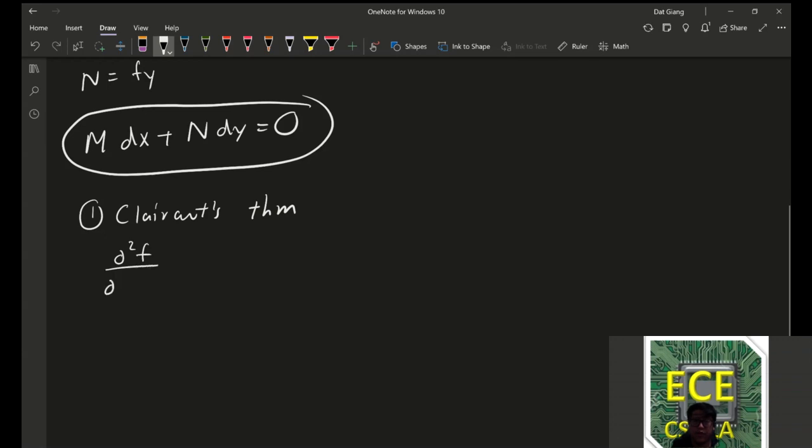The second partial derivative ∂²f/∂x∂y is the same as ∂²f/∂y∂x. This is just to say that the order in which you differentiate doesn't matter.